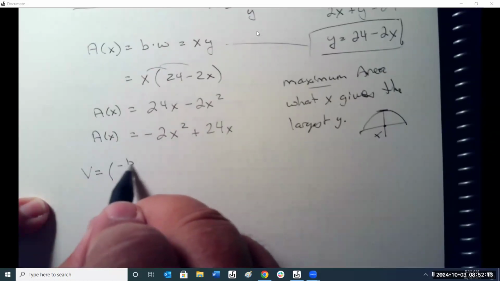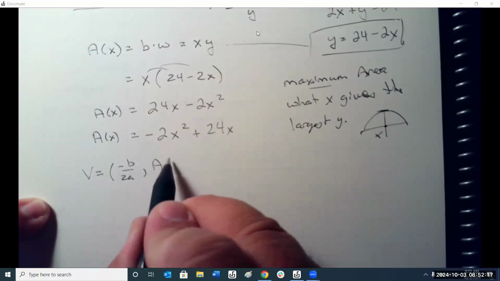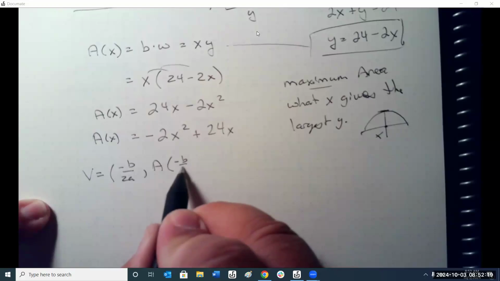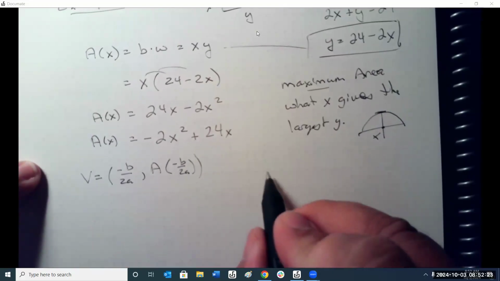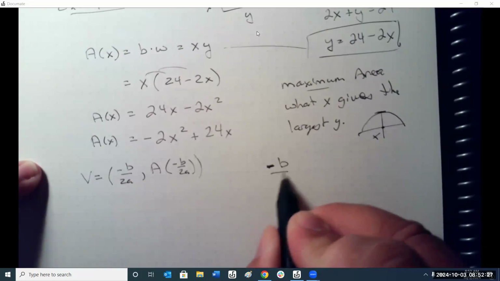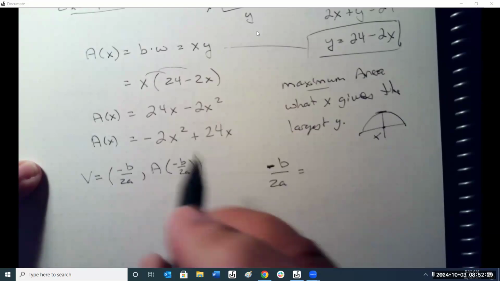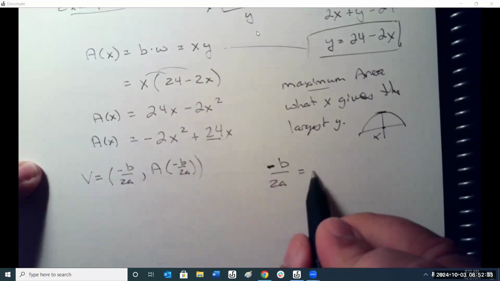Remember, it's negative b over 2a, and then we plug it back in there. So negative b over 2a. B is what's in front of the x value.